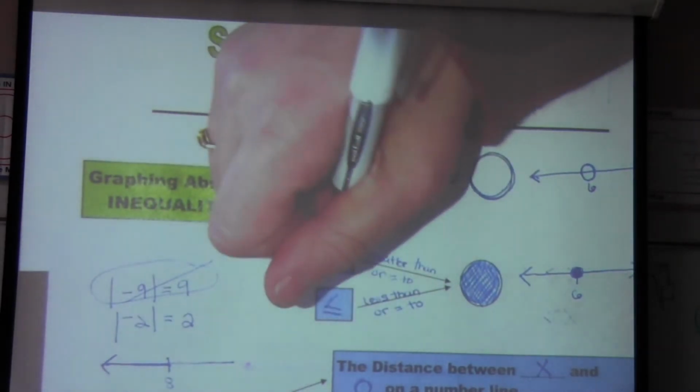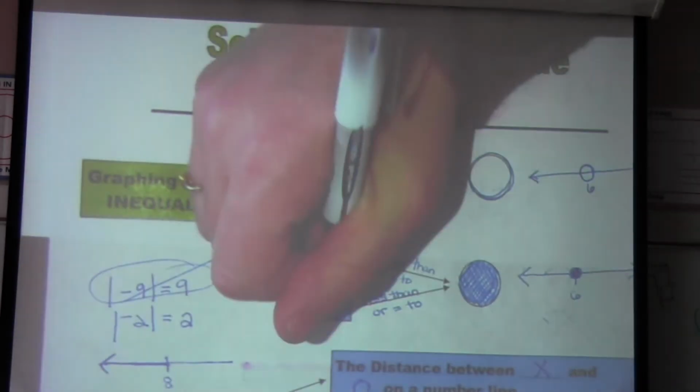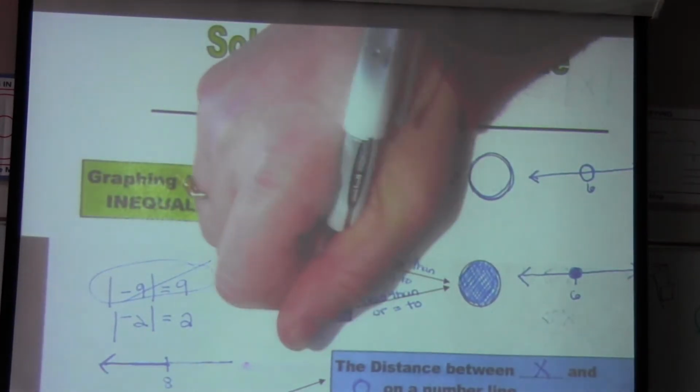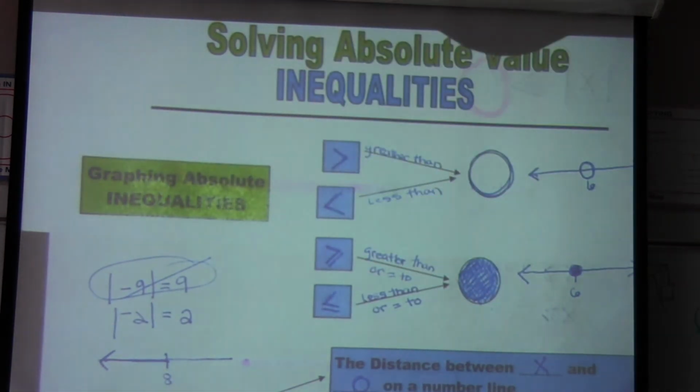When you have a greater than or equal to sign, or a less than or equal to, you fill in your circle when you graph it. Everybody good on that, right?